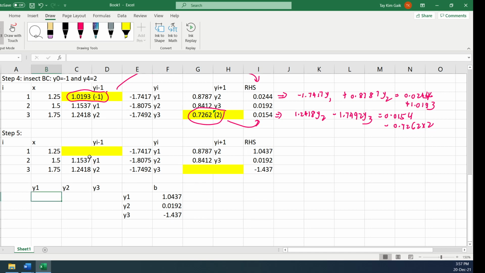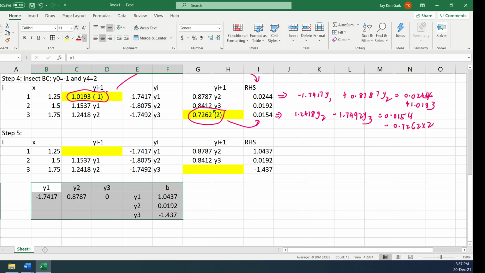Y1, first equation here. Y1 is here, equal this value. Y2 is equal to this value. First equation we don't have y3, so it's 0. I'm going to put it center, easy to see.